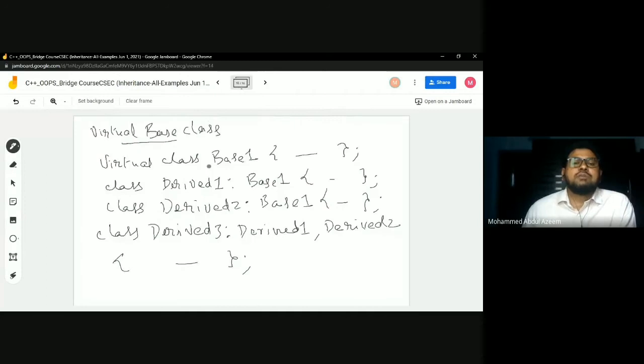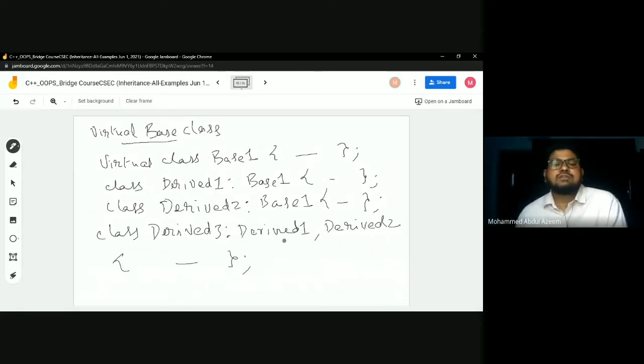I just mentioned the base class as a virtual one. While defining the code, I said virtual space class, then base one, and its code will be written inside. Then I have the derive one class, which is inheriting base one, and derive two is also inheriting base one. Then derive three is inheriting both derive one and derive two. Now what happens when derive one is inherited?